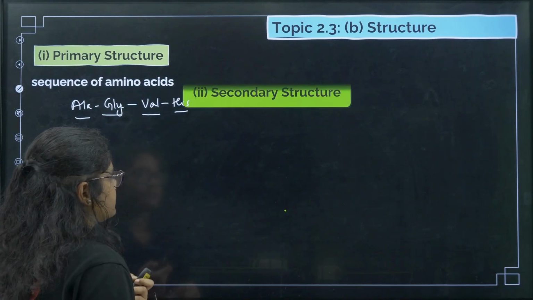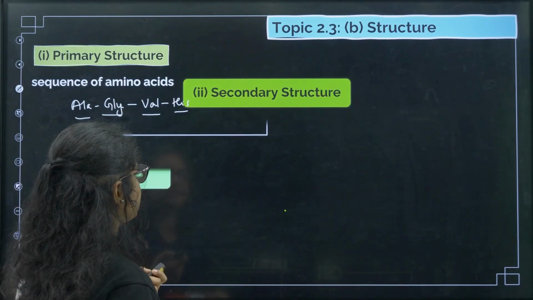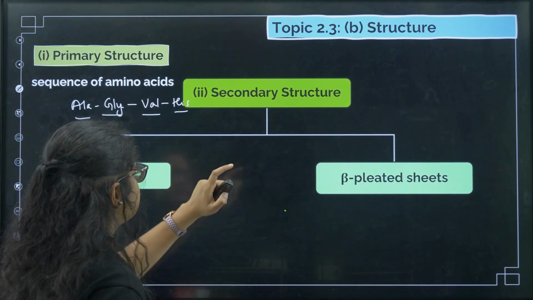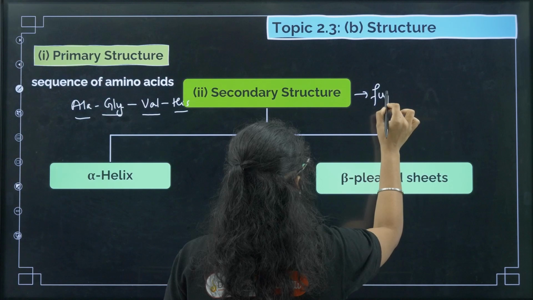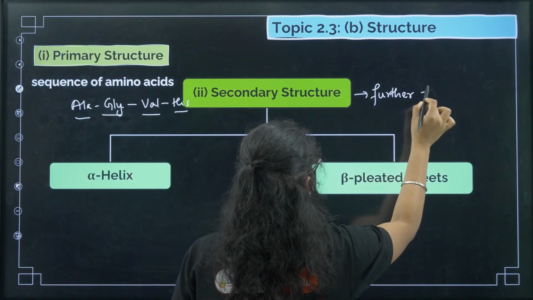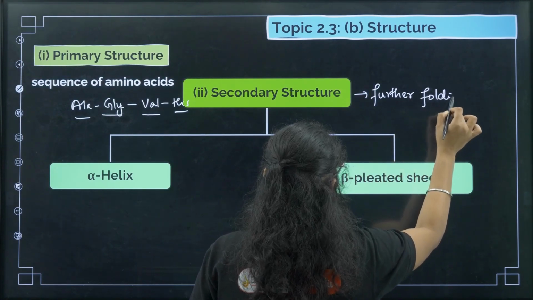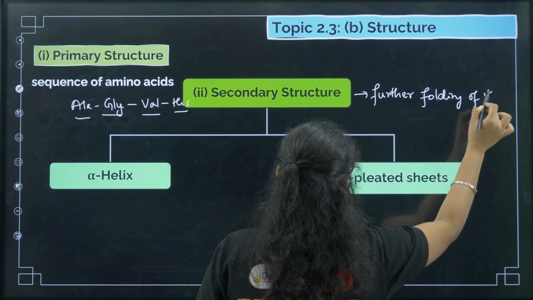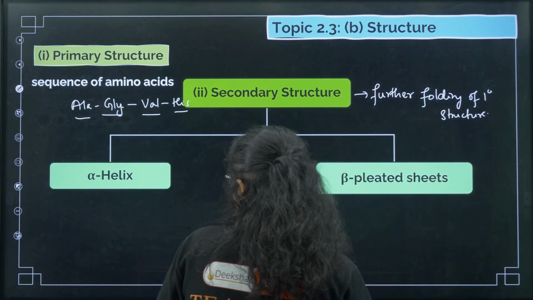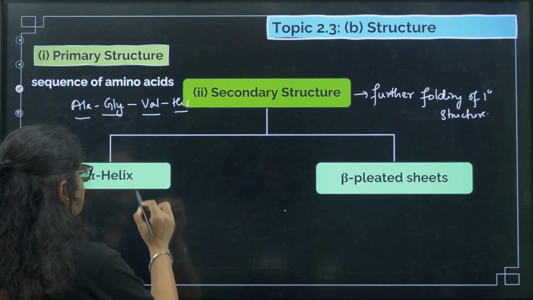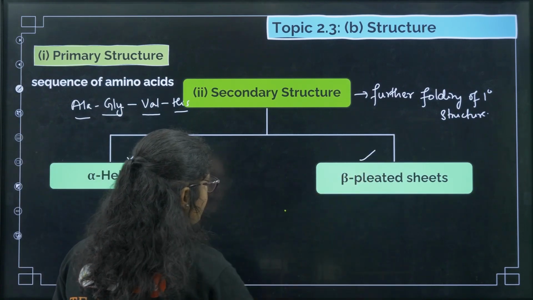This is primary structure. Now coming to secondary structure. Secondary structure happens when there is further folding of primary structures. Secondary structures are again of 2 types: alpha helix and beta pleated sheets.